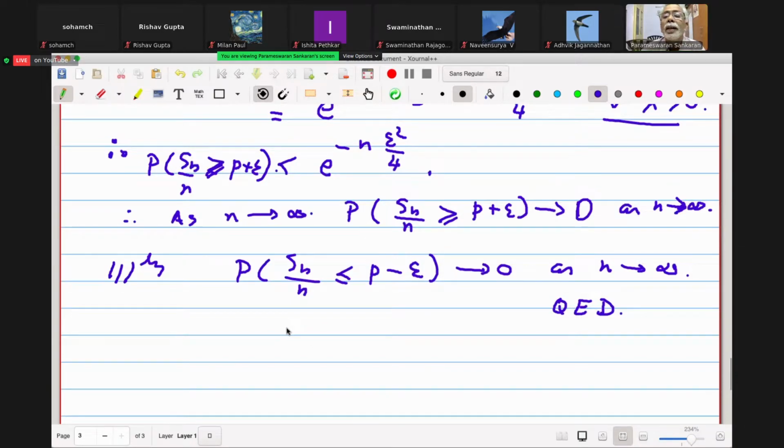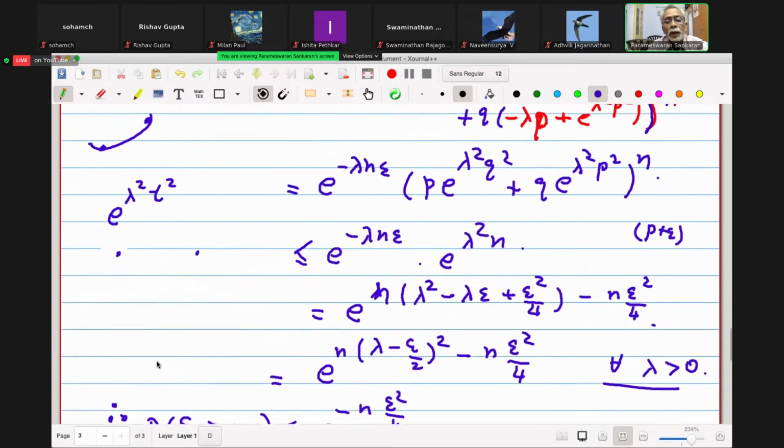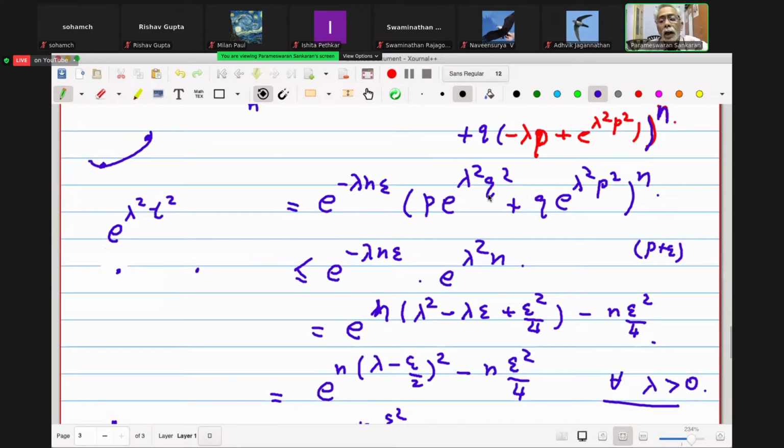Okay, so Sir, I think for that inequality, we could do something like this because p and q are both positive and less than 1. So we can raise p to the q² and q to the p². So p to the q² plus q to the p² will be less than p plus q because p and q are positive and less than 1. So then it just goes away because it's 1 to the n. So you are saying raise it to p², and raise it to q².